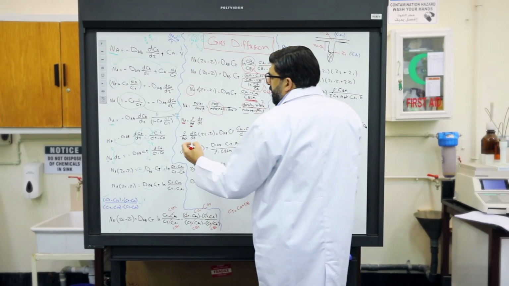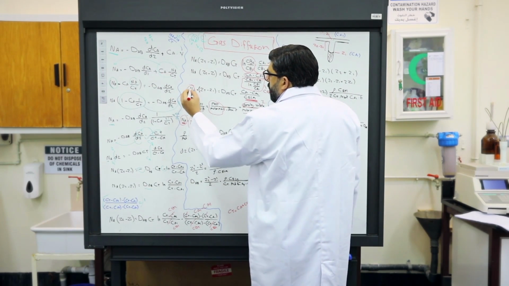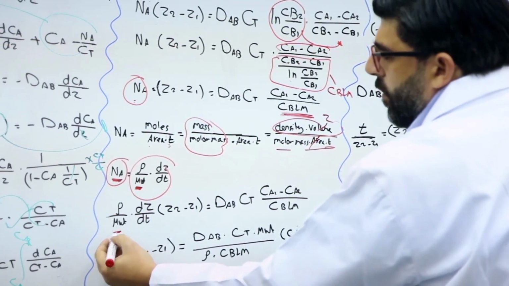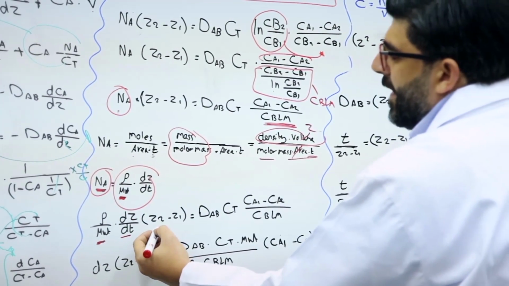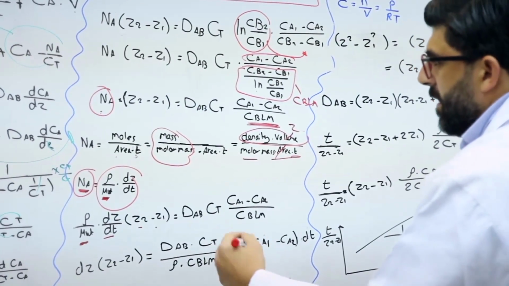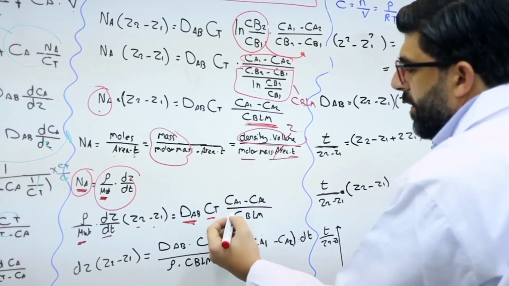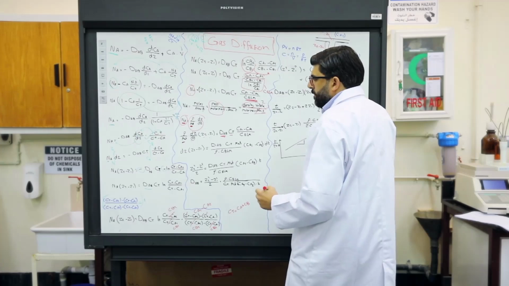Now let's replace the NA by this in this equation. So rho over molar mass times dZ over dt equals (Z2 minus Z1) over this part. And this all equals diffusivity of A to B, total concentration, (CA1 minus CA2) over CLM.